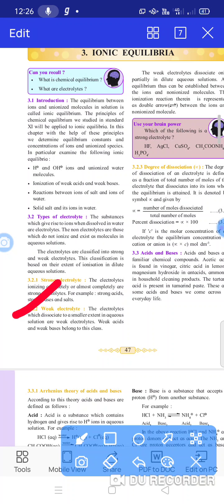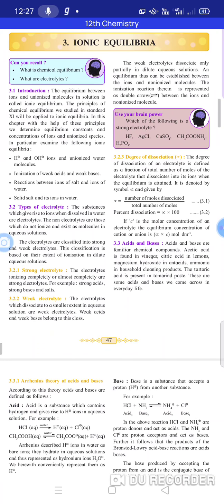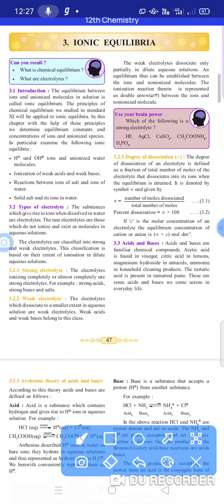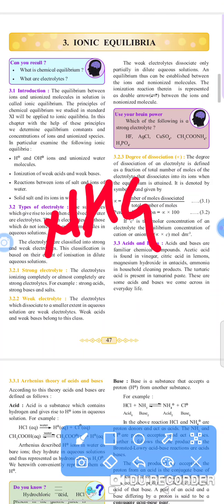For example, weak salt, NH4Cl. NH4Cl is a weak electrolyte because it is not completely ionized.